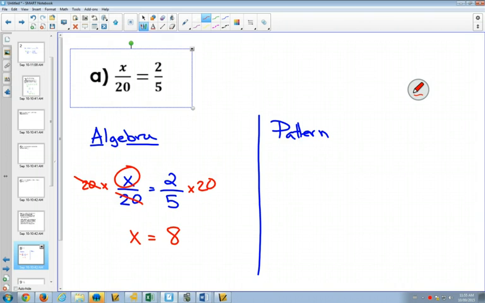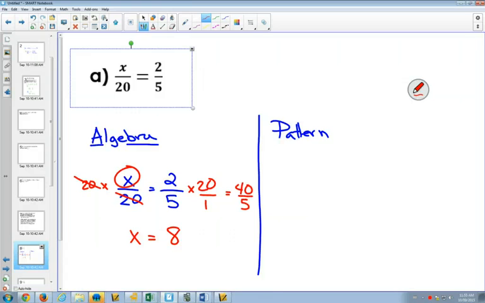How would I do this without a calculator? Well, I would change my 20 to be 20 over 1 to make it a fraction. And then I would ask, what are my rules for multiplying fractions? Multiply the tops, and multiply the bottoms. So I would do 2 times 20, that would give me 40, and 5 times 1, that would give me 5.